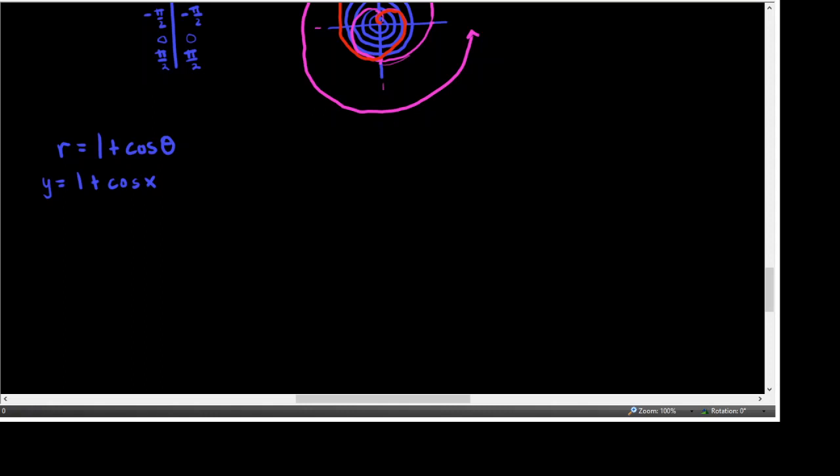Okay, so to get my set of points, I'm going to graph the x and y version of this. The baseline is at 1. The marks on the x-axis are going to be every pi over 2.